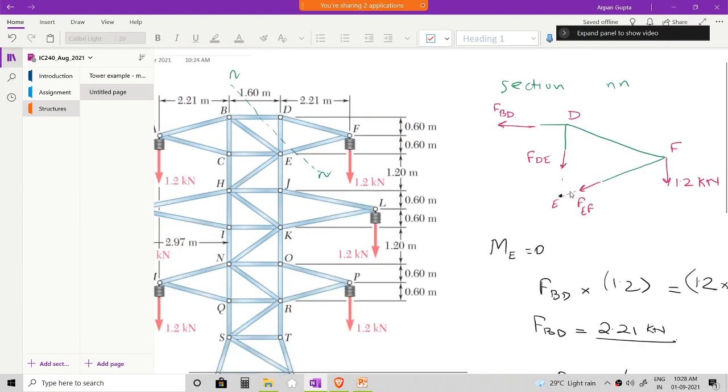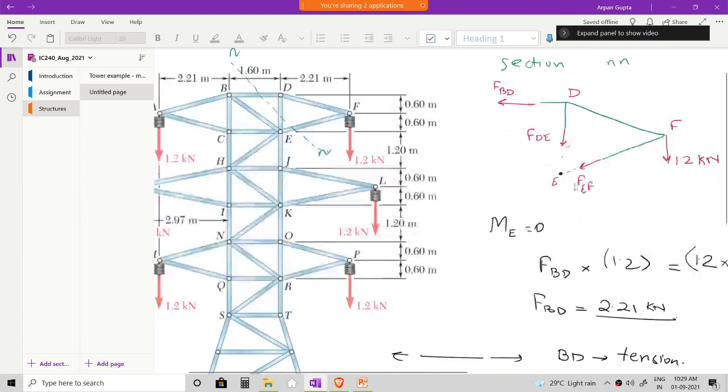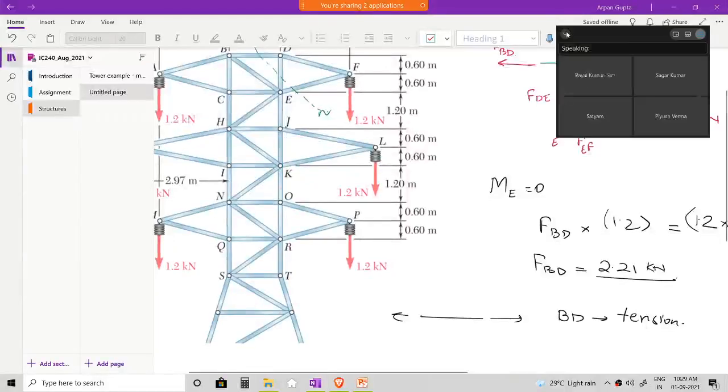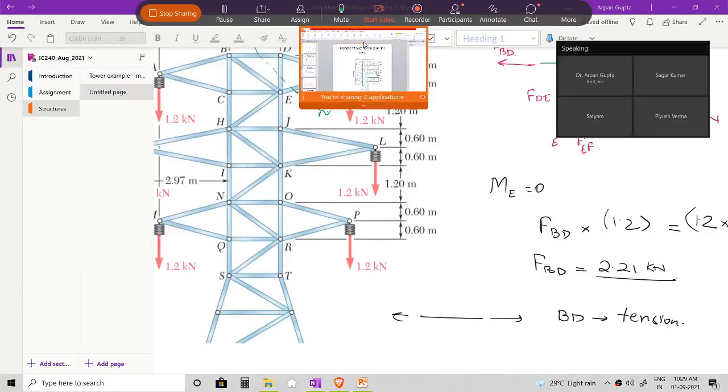Now if you want to solve for other members, we can write the other equations, summation of Fx is equal to 0, summation of Fy equal to 0, and we can solve for other forces. And once these members are known, we can take some other cross section and solve for some other forces. So in this way we can solve this system.